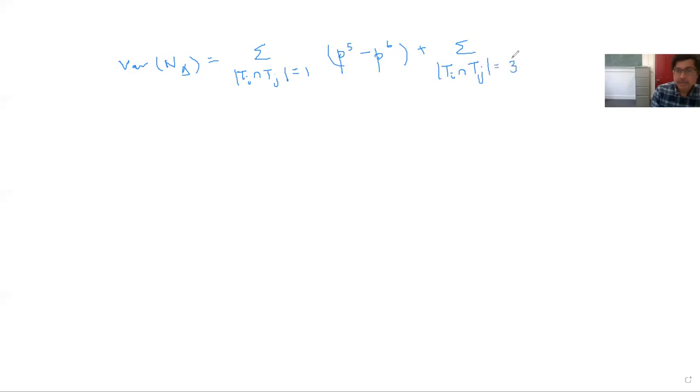So the variance of the number of triangles is the sum over pairs which intersect in one edge, p to the 5 minus p to the 6, plus the sum over triangle pairs which intersect in 3 edges, p cubed minus p to the 6.